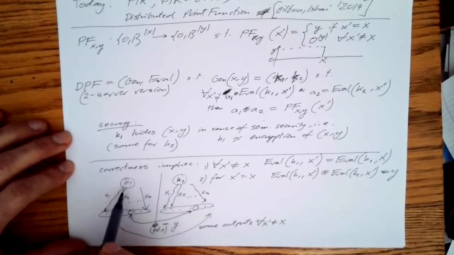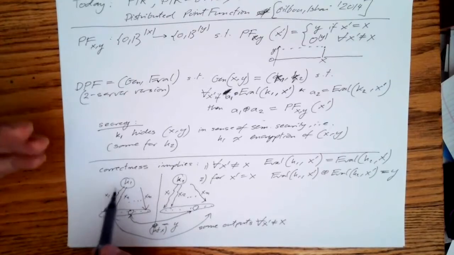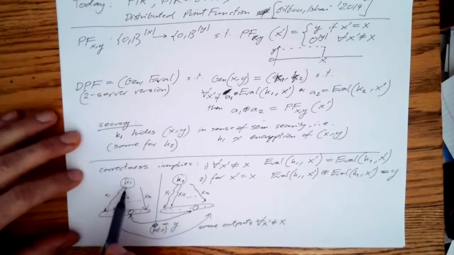So if you think of these as pseudorandom functions, these are keys to a pseudorandom function. I evaluate, I get some values that look pseudorandom, although a function is not pseudorandom to a person who holds the key. So this is not exactly a standard notion of pseudorandom.